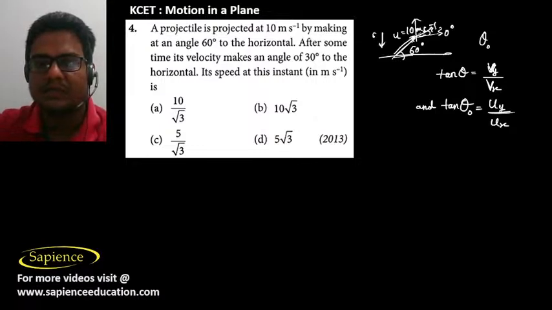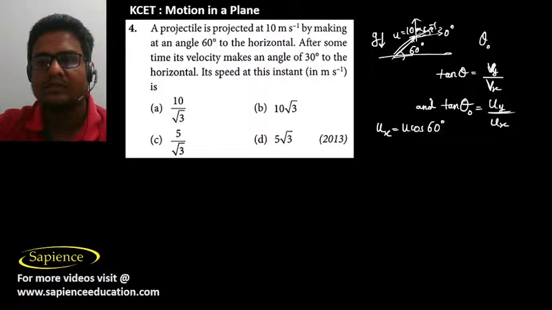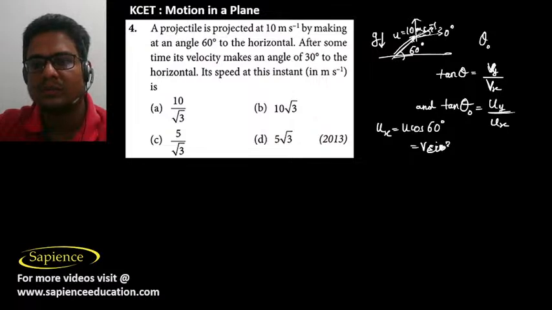So g is acting vertically downwards, so the x component of velocity will remain the same. So the x component will be u cos 60 only, which is also equal to v cos 30.